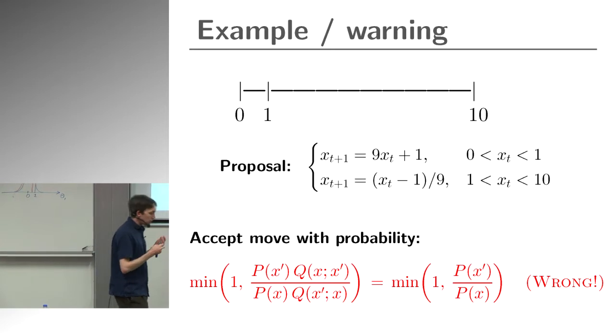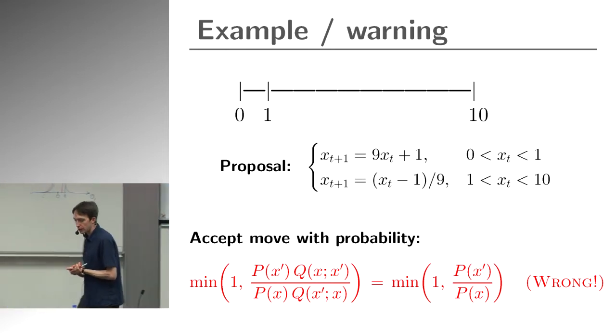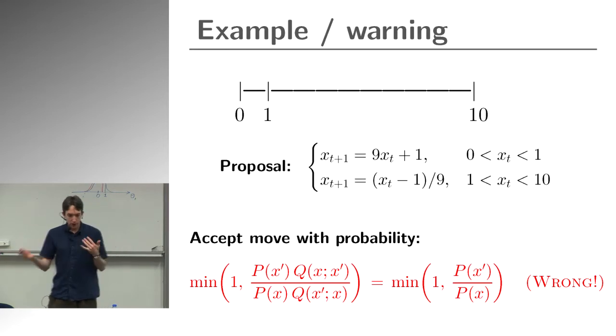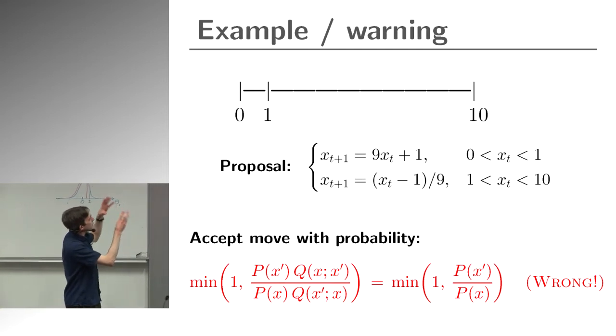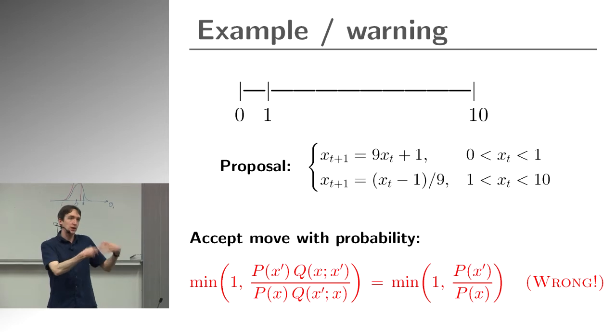I have here a real valued variable, and it varies between 0 and 10. And I'm going to construct a Markov chain for it. And Iain Murray told me that I should code up a whole load of different transition operators and try all of them, because then I might be able to explore the space better. So in this particular problem, I realized that when this parameter takes on a value between 0 and 1, my model tends to do one type of thing.